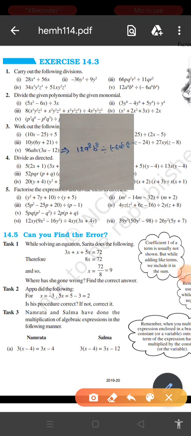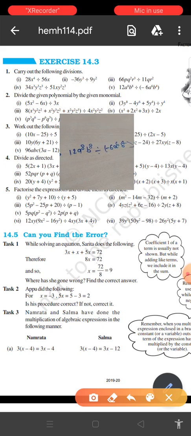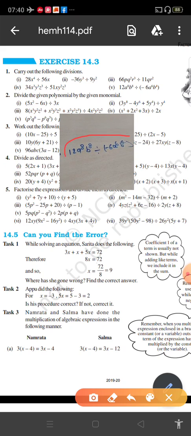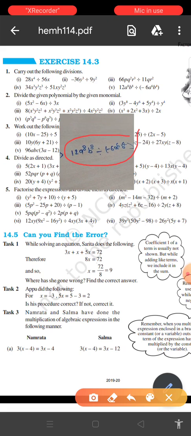Student, you can see here this is your question number 5th, part of question number 1.